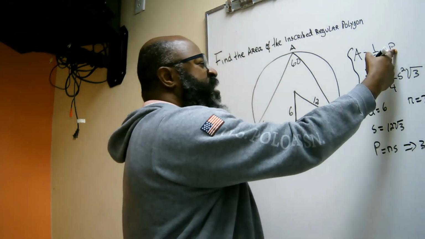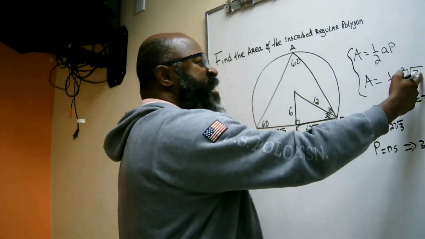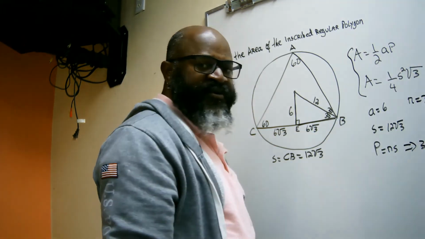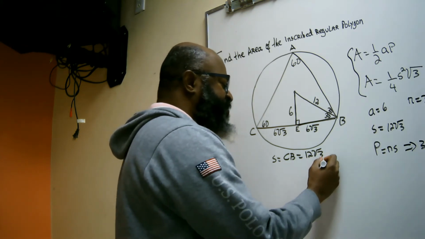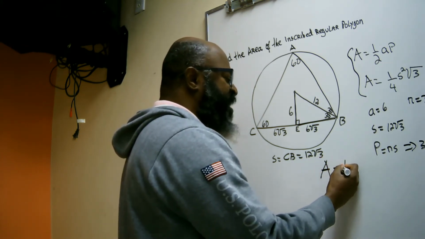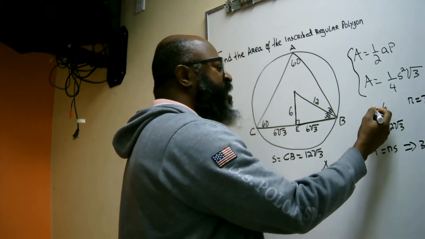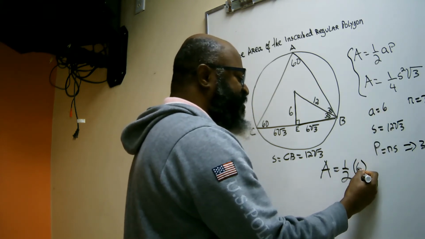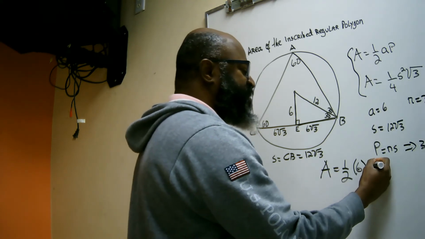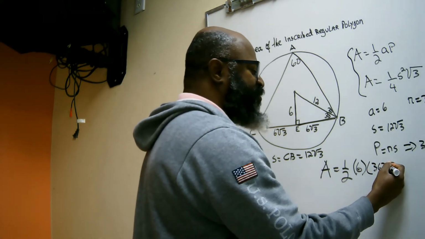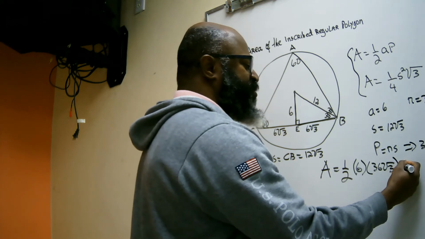We can use the formula to find the area. We're going to do it both ways to see how powerful math is. So area will be equal to 1/2 A, which is 6, the apothem is 6, and P, which is 36 square root of 3 square unit.